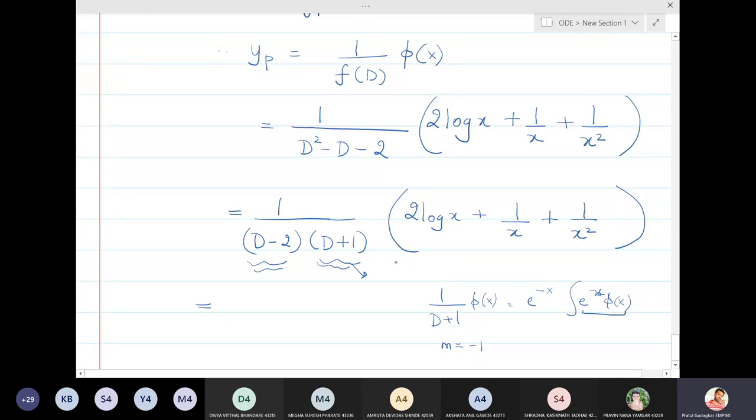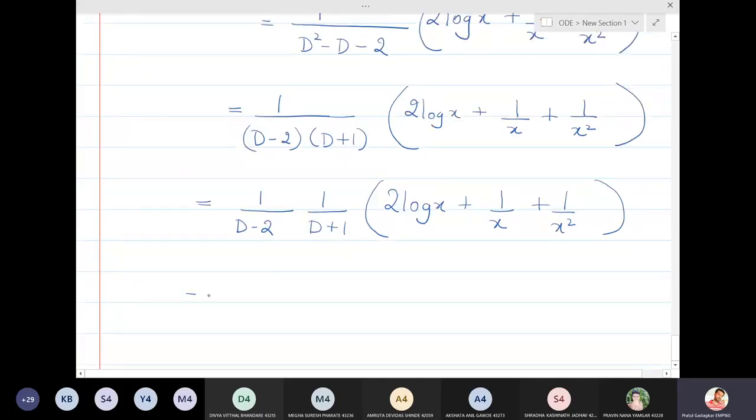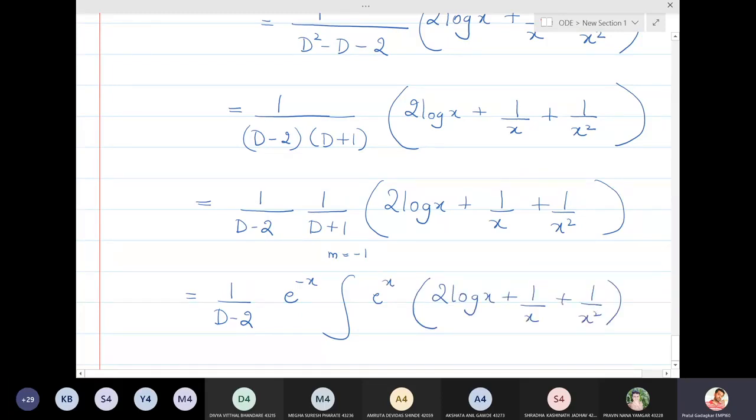So I will keep this factor as it is: 1 upon D minus 2, 1 upon D plus 1 into this 2 log x plus 1 upon x plus 1 upon x squared, which is equal to 1 upon D minus 2 e raised to minus x, using m equal to minus 1, integration e raised to x into 2 log x plus 1 upon x plus 1 upon x squared dx.